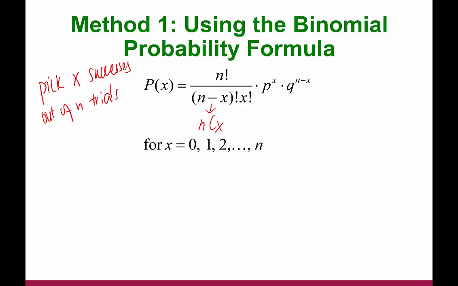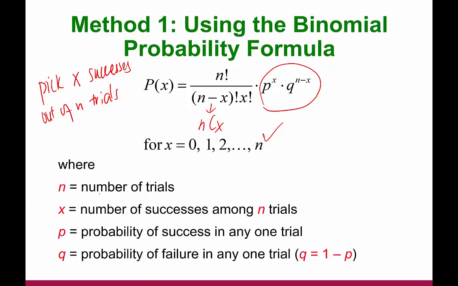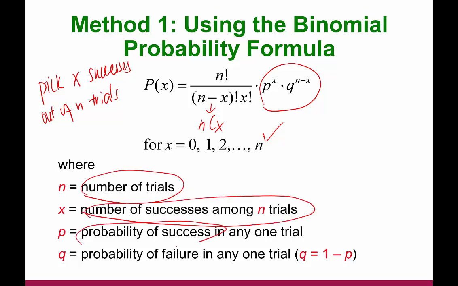And then after that, you arrange them, using the probability to arrange them: p to the x times q to the n minus x. So x here could be 0 all the way to n, right? This is basically the formula. Just keep a note of it. n represents the number of trials, x the number of successes, p the probability of success, and q the probability of failure. So we know all those, and we can find the probability for any given random variable.